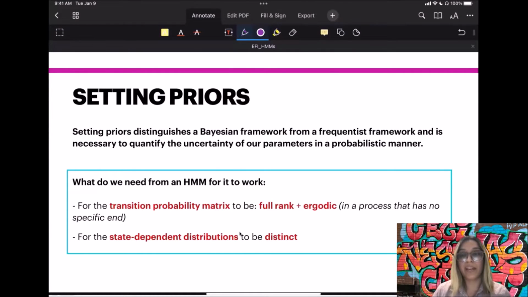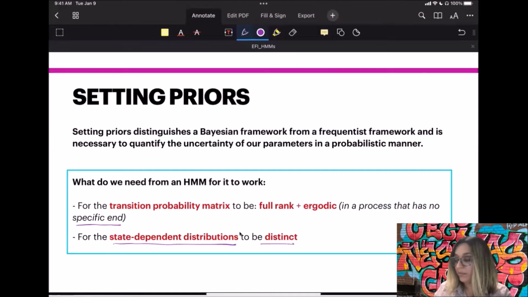So what do we need from an HMM for it to work? For animal movement, where we don't have specific ends, we usually want the transition probability matrix to be full rank and ergodic. And the key thing is we want the state-dependent distributions to be distinct. So we can set priors that a priori assume that our state-dependent distributions are different from each other.